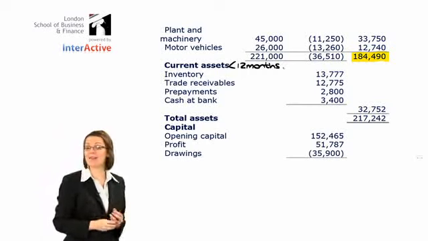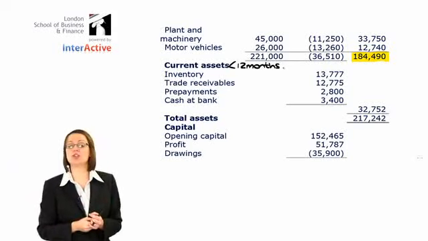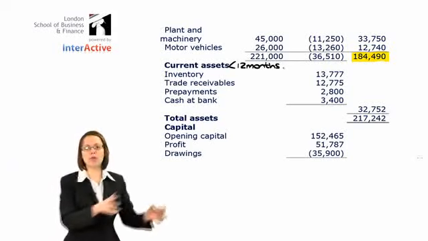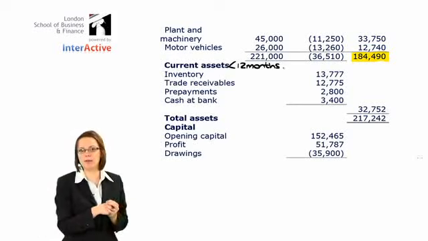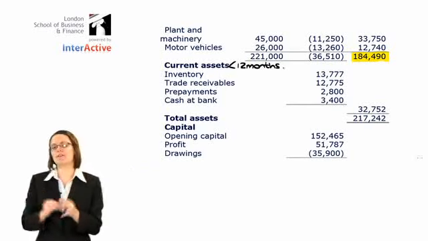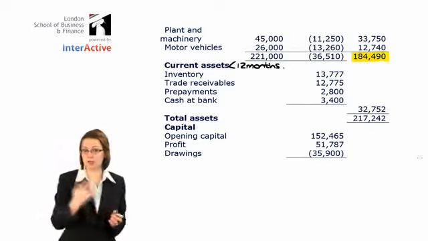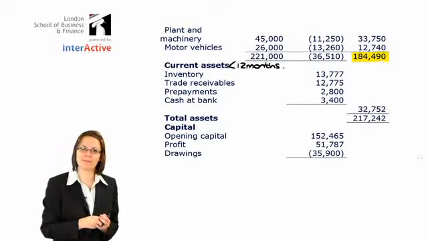Do you remember we talked about that in the last session? Closing inventory. It's one of those unique items that appears both in the statement of comprehensive income as a deduction from cost of sales and in the statement of financial position as a current asset, something that the business owns.